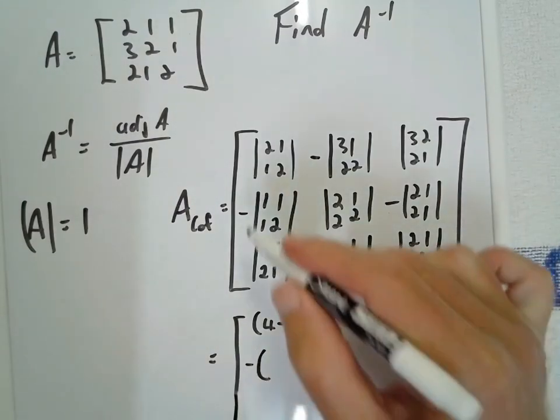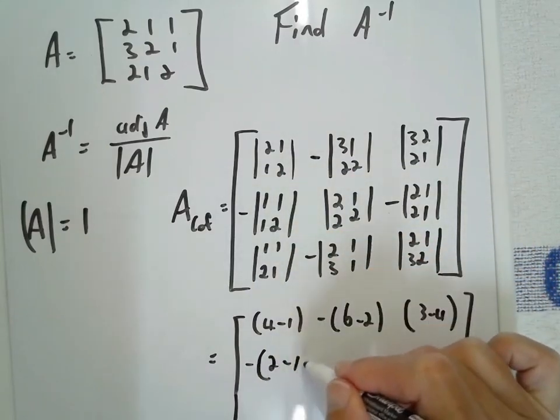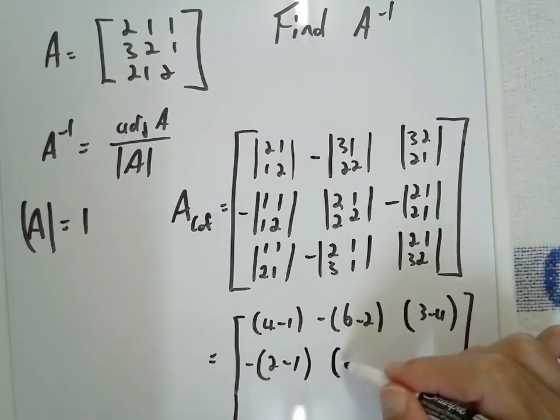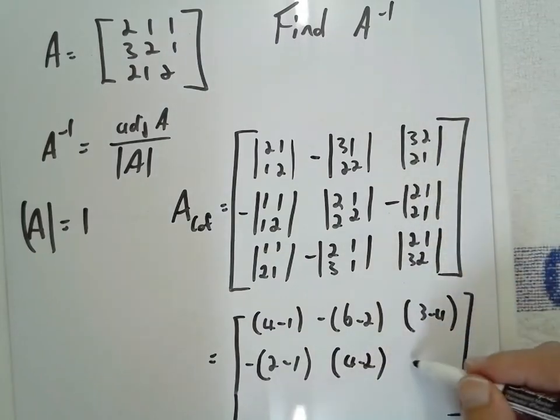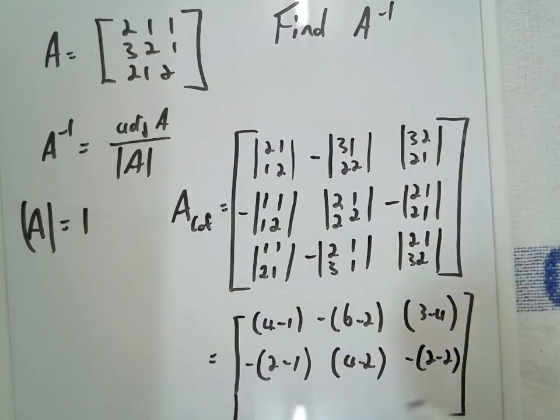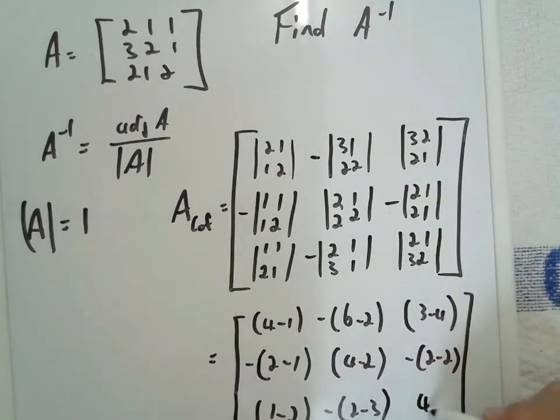The negative of 2 minus 1, 4 minus 2, the negative of 2 minus 2, 1 minus 2, the negative of 2 minus 3, and 2 2s are 4 minus 3.